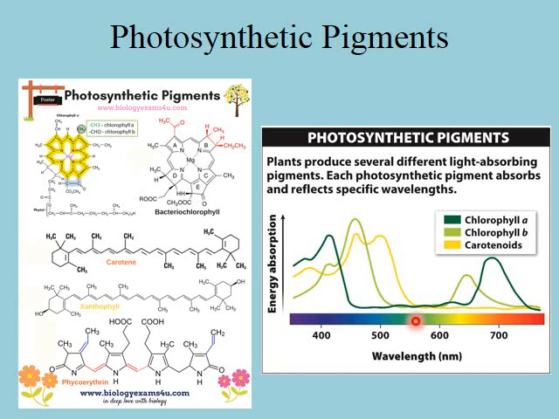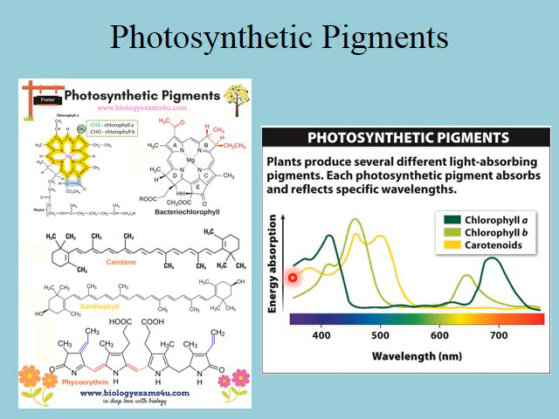That is why the chlorophyll has a greenish color, because those are the colors that are being reflected, not absorbed. Chlorophyll B is very similar. It is a lighter, different kind of green, but it is absorbing these blues and violets, and also these yellows and oranges and reds. And so it also is reflecting this greenish color.